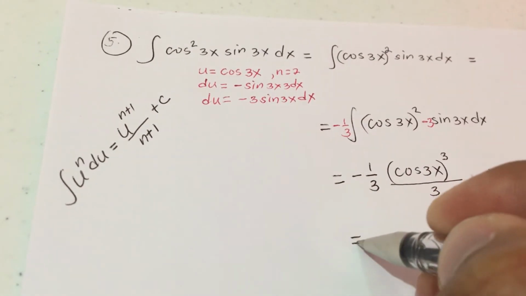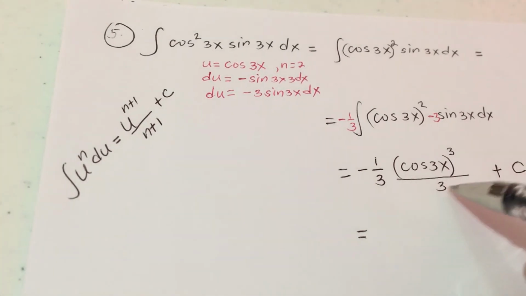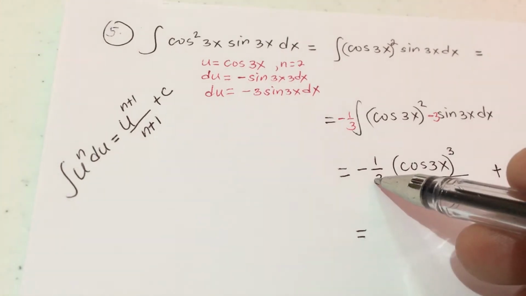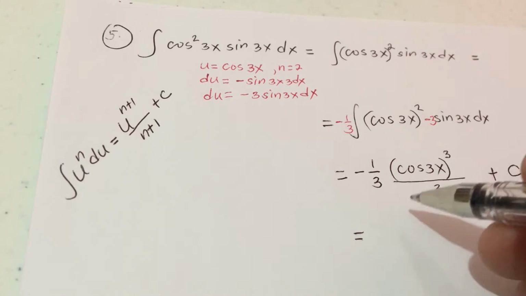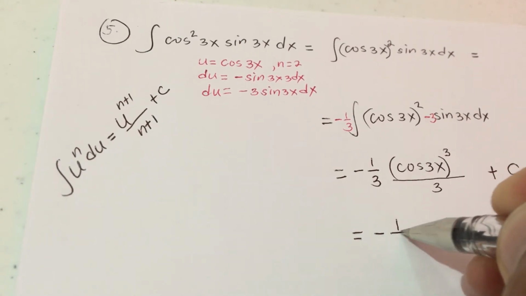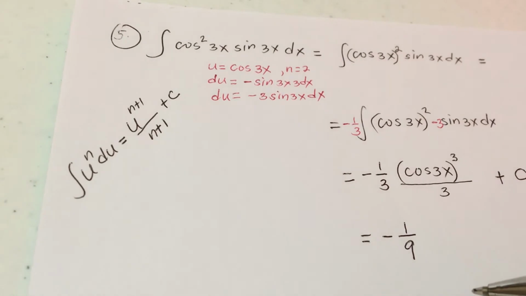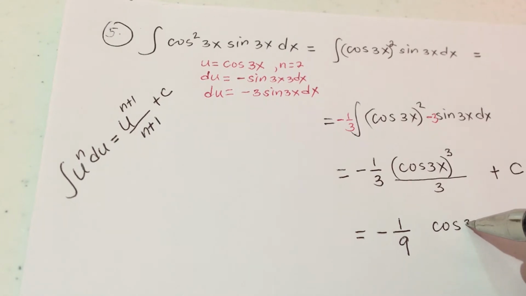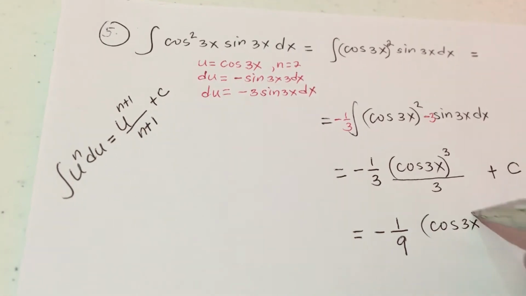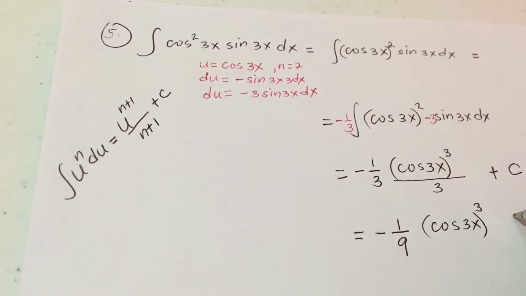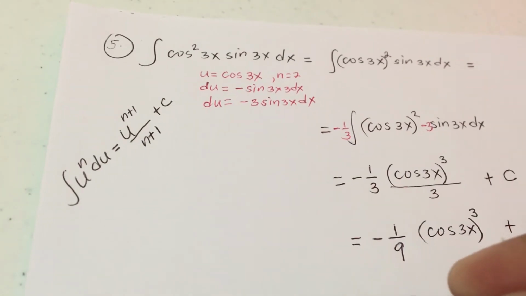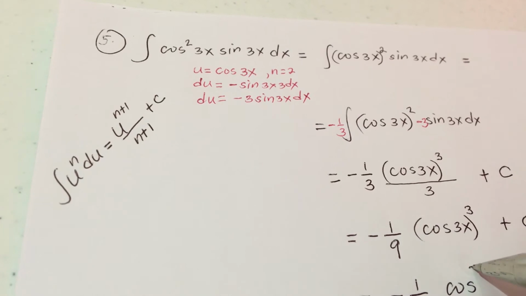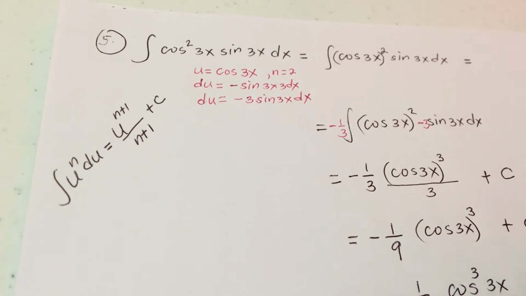So we have 1/3. This one is a denominator, and this is a denominator, so you just multiply both denominators. So we have minus 1/9 cosine 3x raised to power 3 plus c, or this is negative 1/9 cosine 3x.